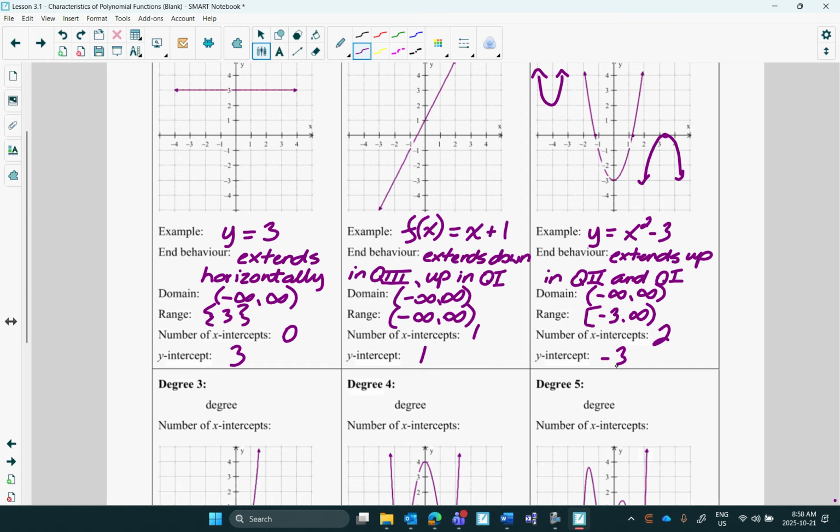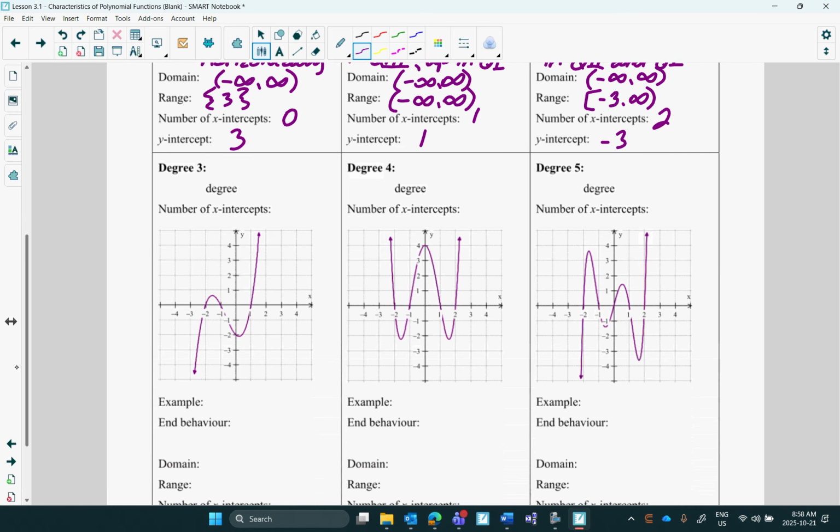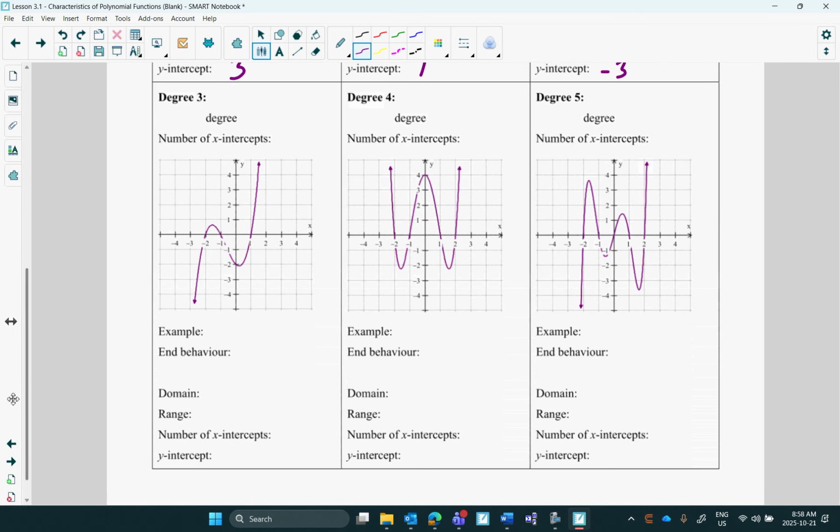Okay, now we get to the newer ones. So this one, degree 3. Think of it as made up like of 2 parabolas. Okay. Any idea what we would call it? Cubic. Remember when we find the volume of 3 dimensions, we do units cubed.